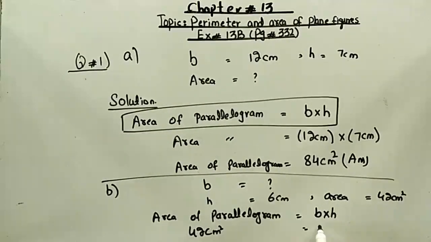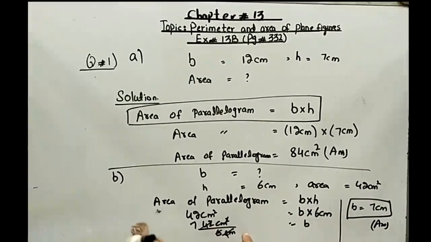And base is missing, so we will write here B same, and then height is 6 centimeter. So as we are finding the B, leave the B here and then 6 will move to the other side. Beta, now 42 centimeter square will be divided by the 6 centimeter, then you will get the 7 centimeter answer. Got it beta? Okay, now come to the question number 2.